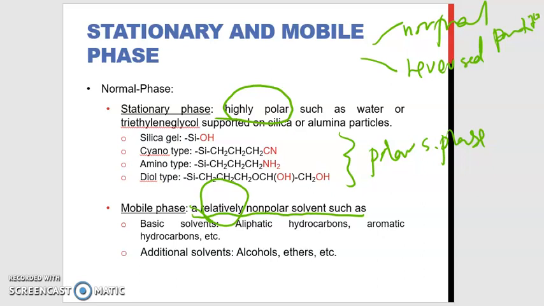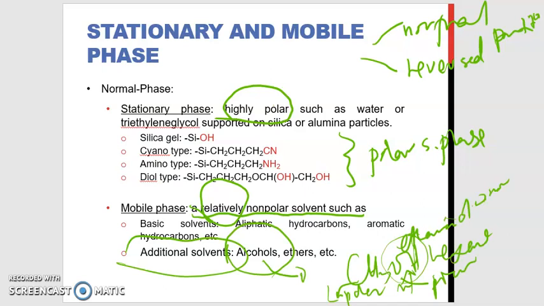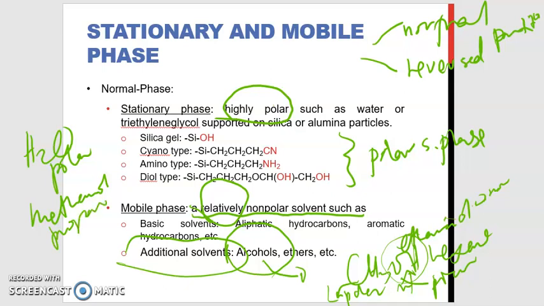Kita compare. So contohnya water, water is very polar lah. So your mobile phase ni mesti yang relatively non-polar. Relatively non-polar ni macam mana? Contohnya methanol, propanol, semua alkohol tu kan. Boleh tak kita pakai hexane?